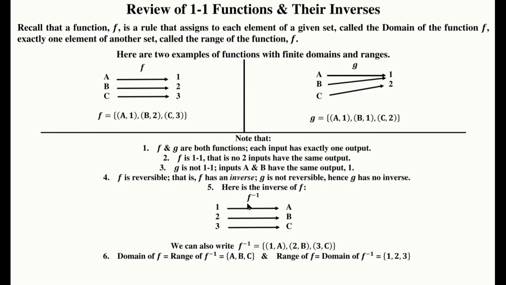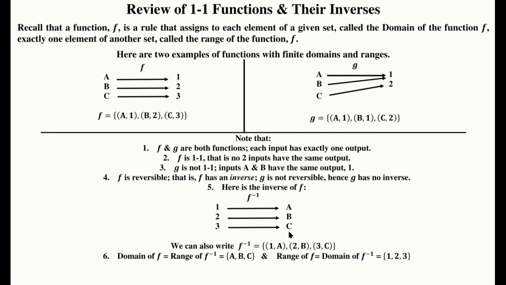So what f inverse does is send all the range elements of f to their domain elements. So it switches its domain and range with f. What was the range of f becomes the domain of f inverse, and what was the domain of f becomes the range of f inverse.